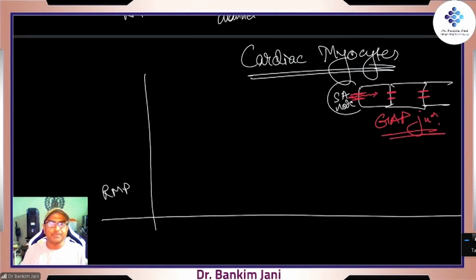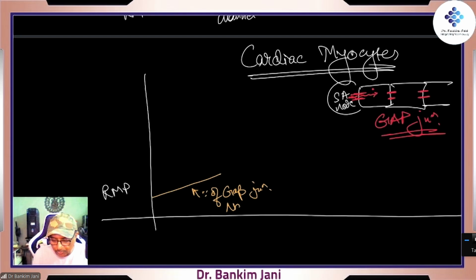But over here, it is the gap junction. Electrolytes, sodium, come in and the cell is becoming more positive. So when the gap junctions open, this is our resting membrane potential. And then when we draw this, it is because of the gap junction that sodium enters.